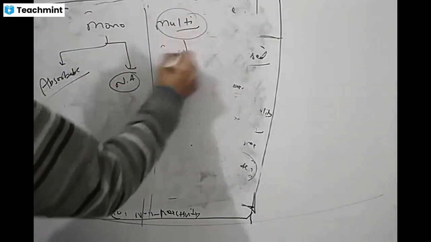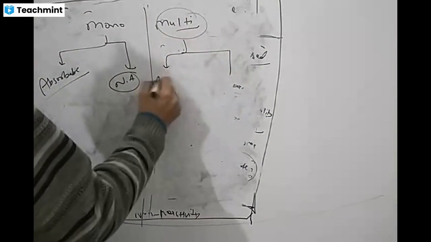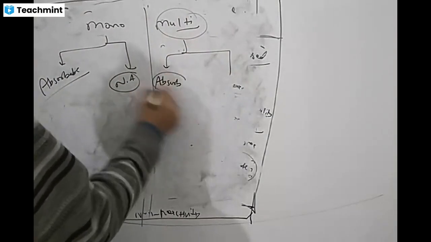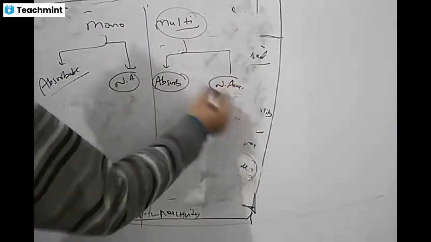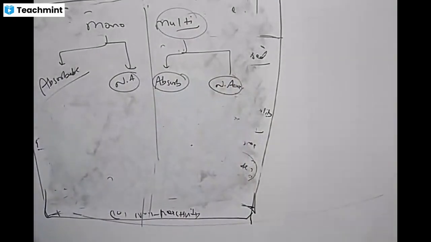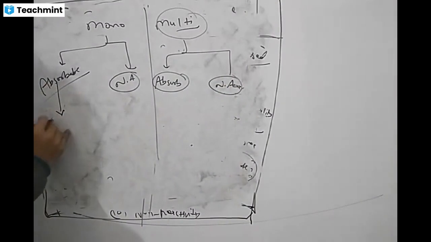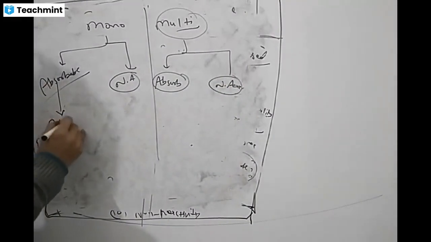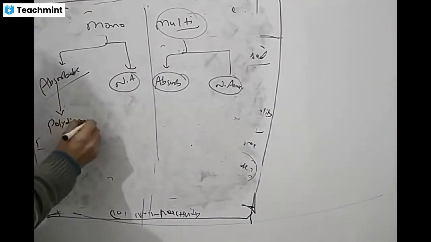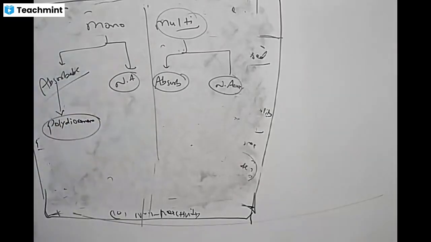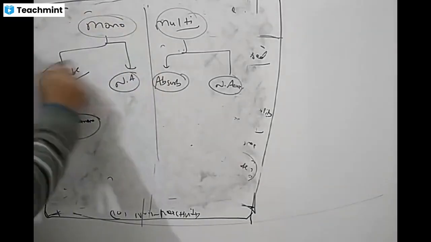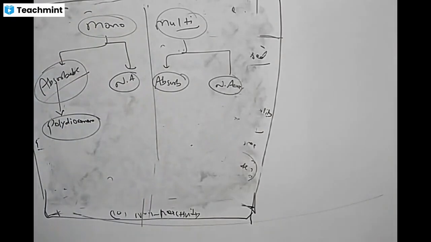Similarly, multifilament may be absorbable and non-absorbable. The MCQ asked was: polydioxanone suture material is. Answer was monofilament absorbable.